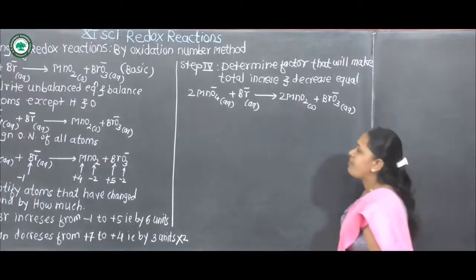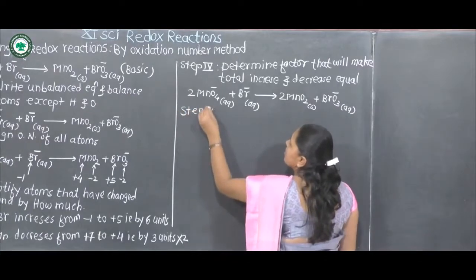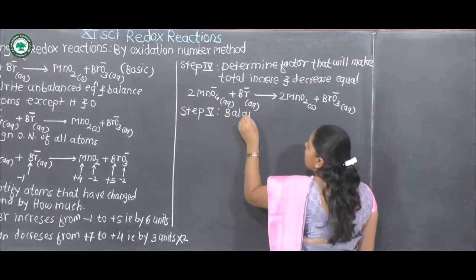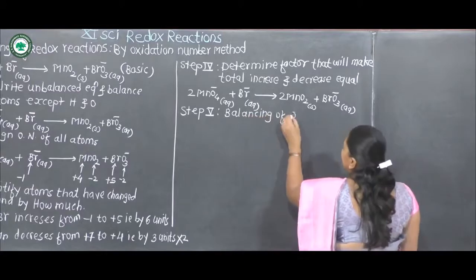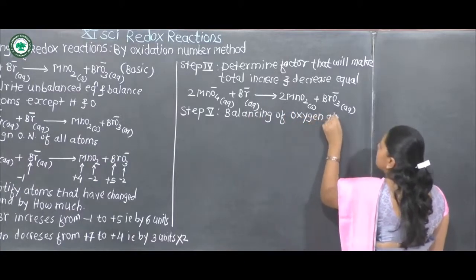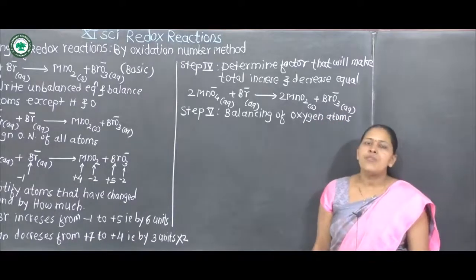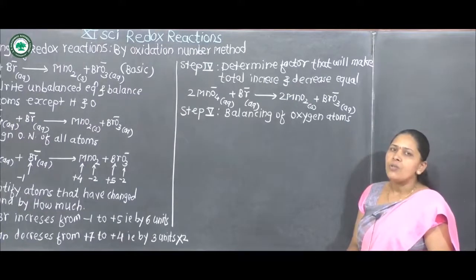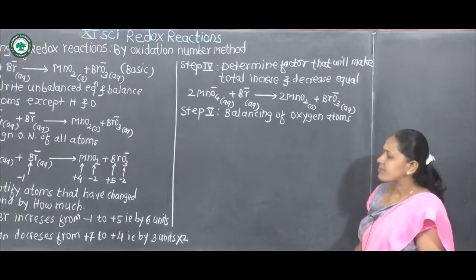Then step 5th is balancing of oxygen. Balancing of oxygen atoms. In the previous lecture we already discussed how oxygen is balanced.